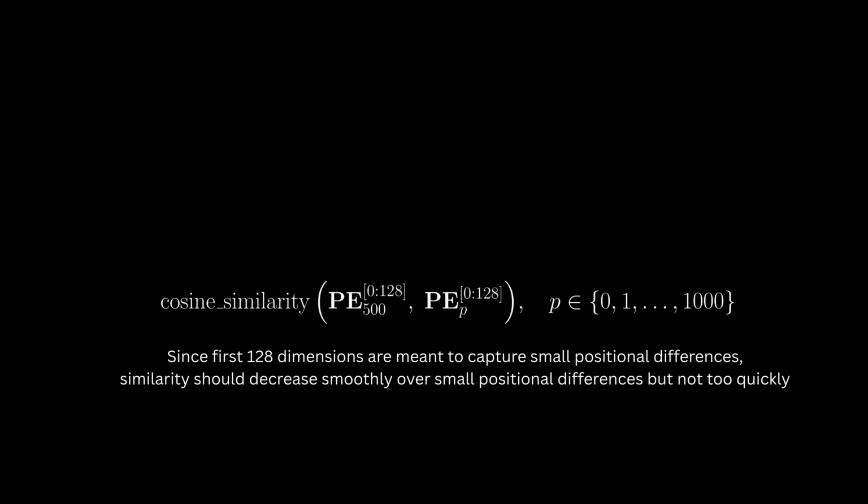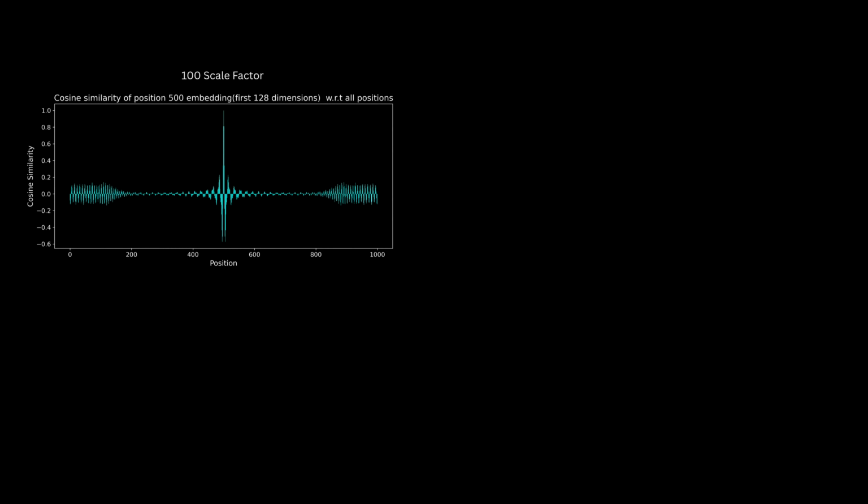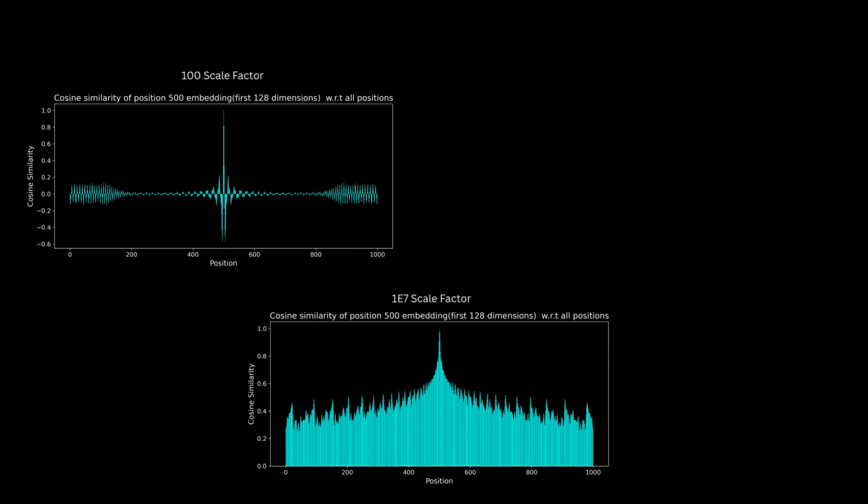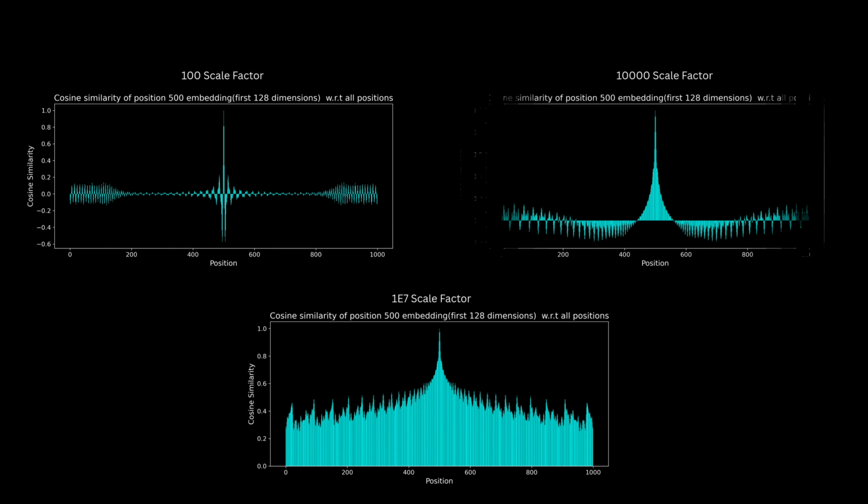With too small a scale factor, similarity collapses to zero, even for small differences, like 10 positions, so too aggressive. With too large a scale factor, embeddings stay highly similar even for differences of 50 positions. With 10,000, similarity decreases gradually and smoothly from distance 0 to around 50. This is perfect for capturing local positional differences.